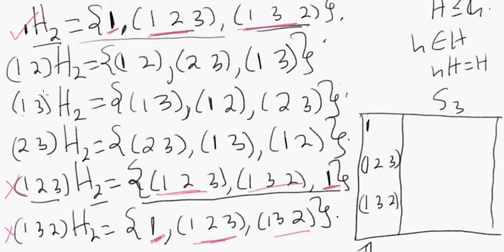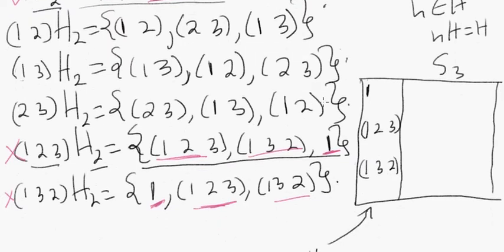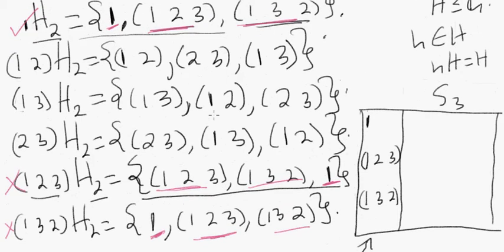So our procedure was, now we look for some other coset that is disjoint from the first coset that we picked to make our partition. Well, we notice that, for example, 12H2 is disjoint from H2. So why don't we make that our second coset?